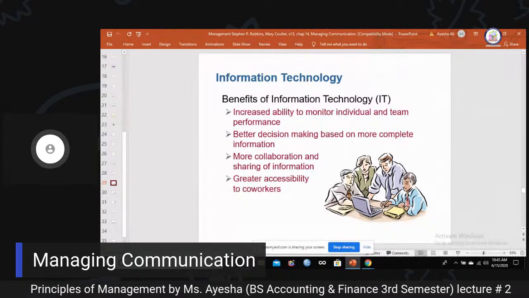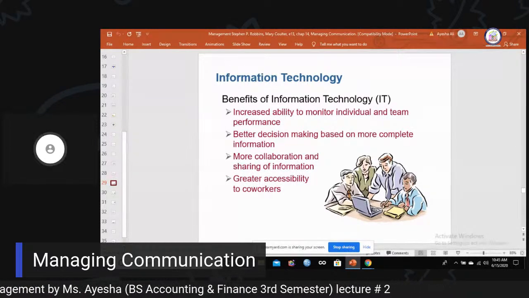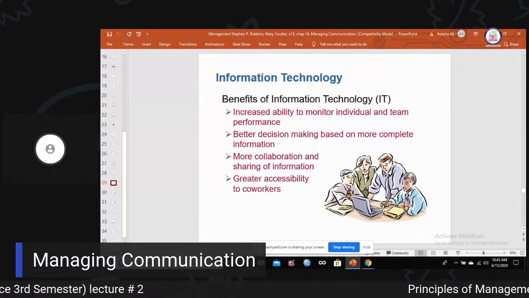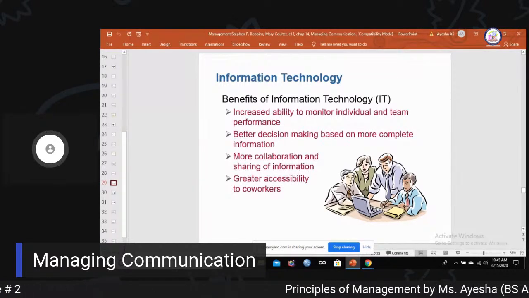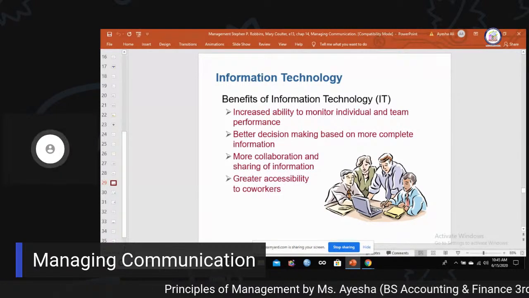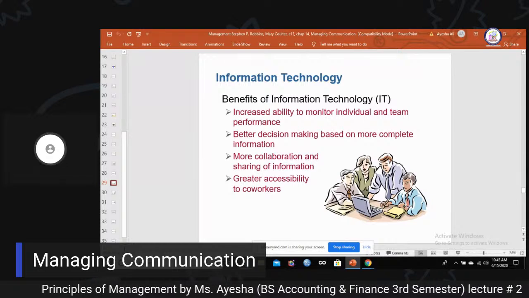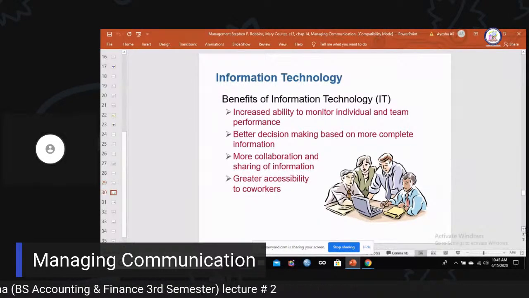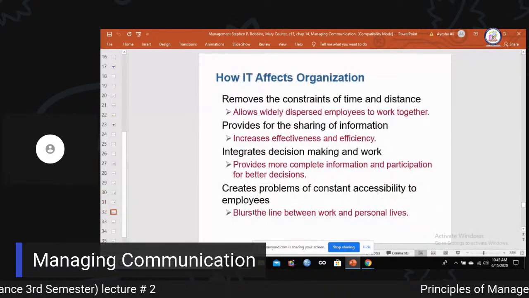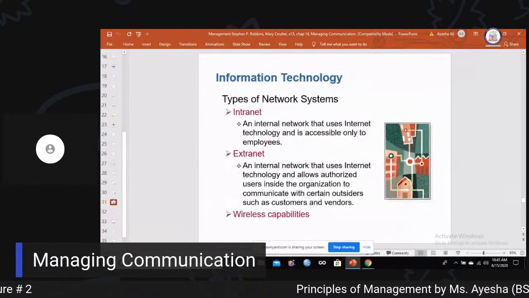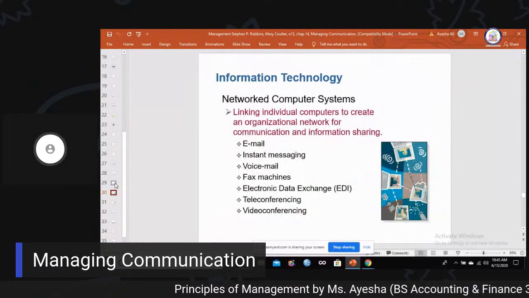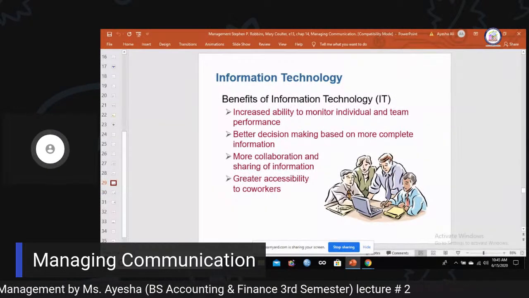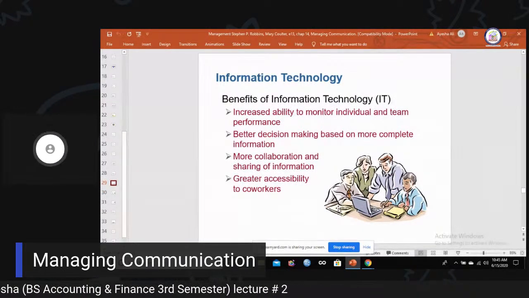And more collaboration and sharing of information. We can collaborate with our employees, and we share information. So it's also beneficial. Greater accessibility to coworkers. We can approach and access our employees, our workers, at any place or at any time.